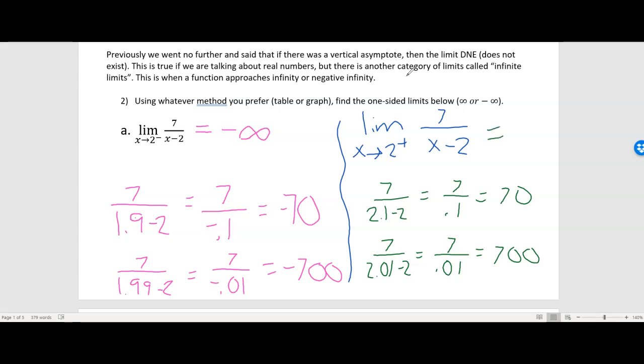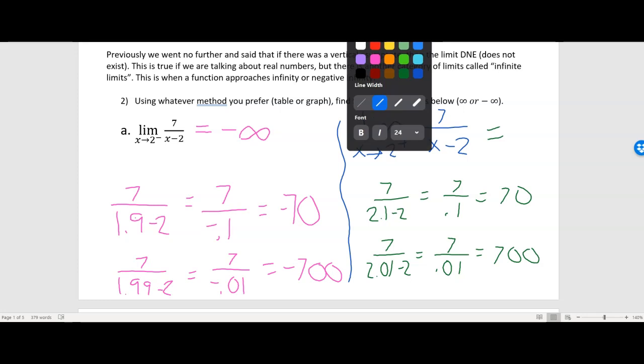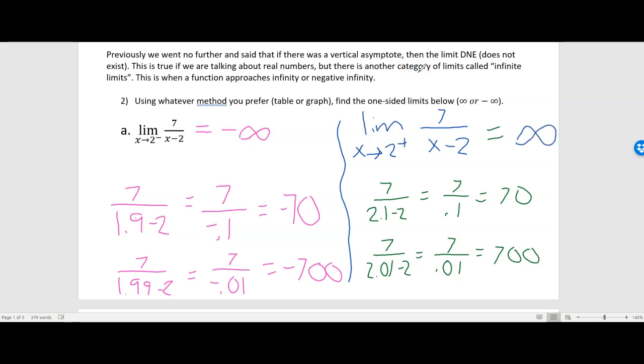So this infinite limit would be positive infinity. So if you don't have a calculator available to you, whether you just don't have one next to you or whether you are not allowed to use one for that question, you can look and see what the signs of the numerator and denominator are going to be, right?